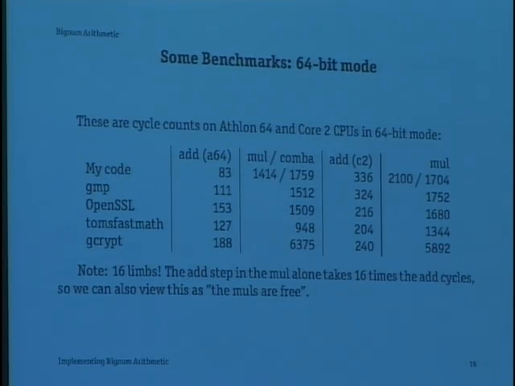You see that my addition code is the fastest of all as long as you stay on AMD, and on Intel it's really slow. You can also see that for normal multiplication, the schoolbook one and the Comba multiplication, on AMD the normal one is faster, but on Core Duo the Comba one is faster. So I was shocked by that really.